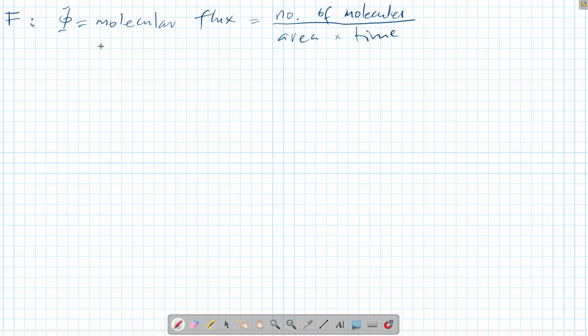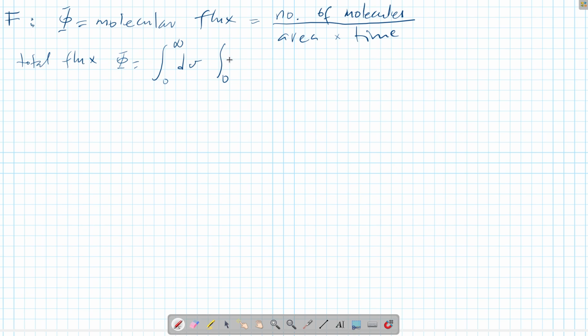Okay, so based on the elemental flux we derived a few seconds back, the total flux is then going to be something like this. We just integrate over speed from 0 to infinity, and sum over the different possible angles which the molecules can have.